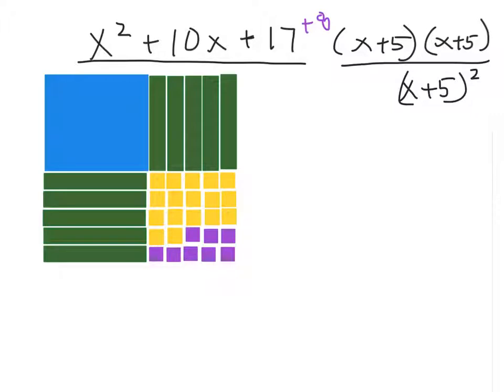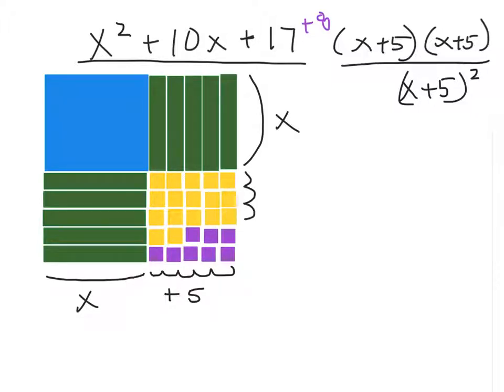Well, how does that relate to our little picture here? Well, if we notice, this length here we said was x. And this here, we added 5 ones, so we added 5. If we look at this length, we said that this length here was x, and here we have our 5 rows where we had our add 5 to our x value.